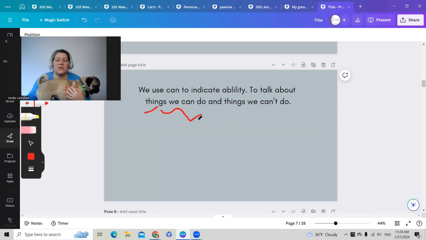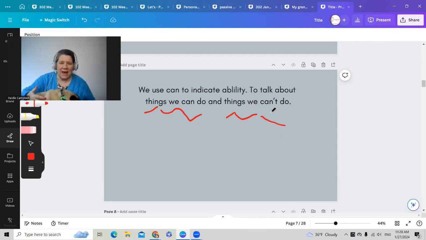And things we can't do. And the can't is going to have a stop. Things we can't do. And we emphasize the can't. Things we can do. We de-emphasize the can, but when it's a negative, we emphasize it. So that's how you tell if someone says can or can't.